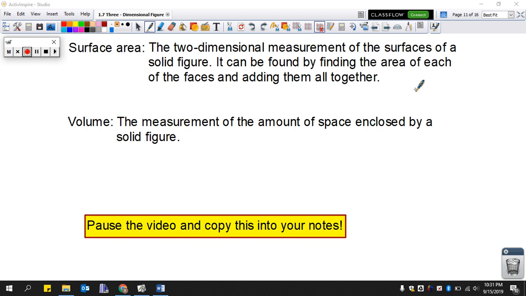A lot of times we use figure maps in order to find surface area. We're going to be doing some activities using polyhedron mapping. The volume is a measurement of the amount of space that's enclosed by a solid figure. So go ahead and copy these two definitions into your notes.